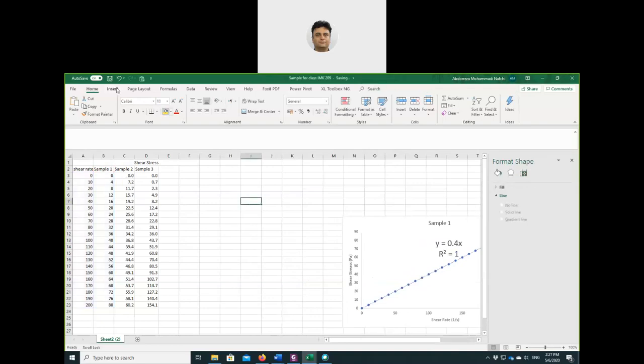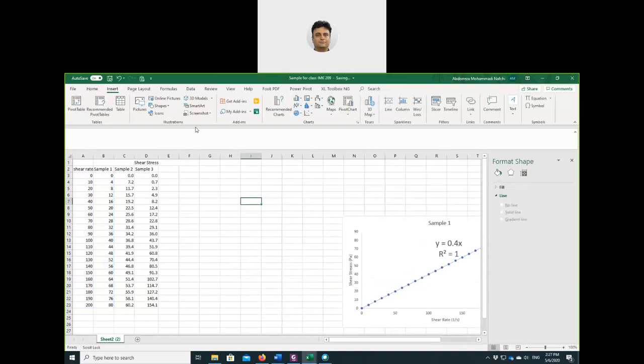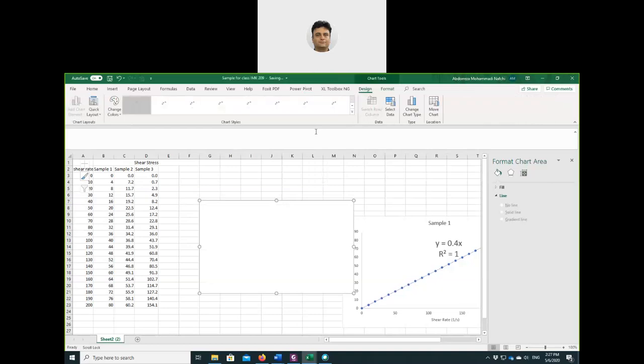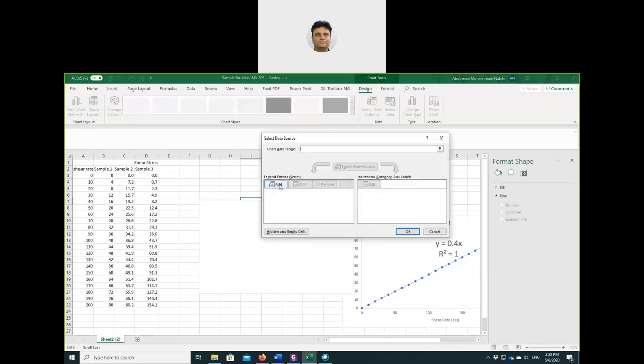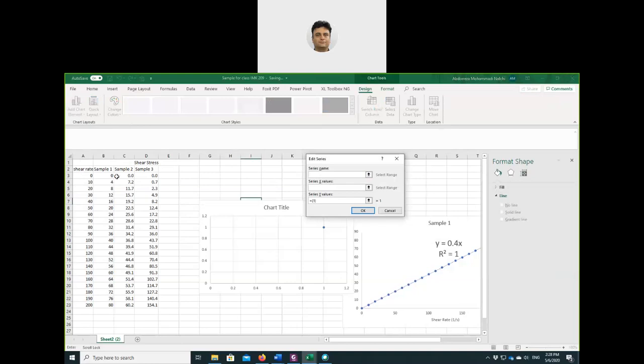Going to insert, scatter, and an empty space appears here. I'm going to choose, okay, add, series name. This series name is sample 2. X comes from the shear rate, and for shear stress, I remove the data and then choose this one.